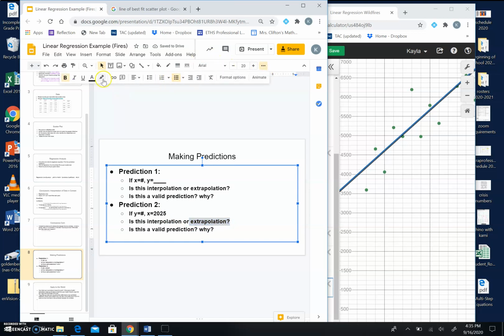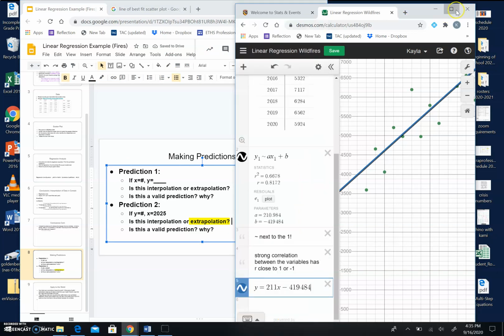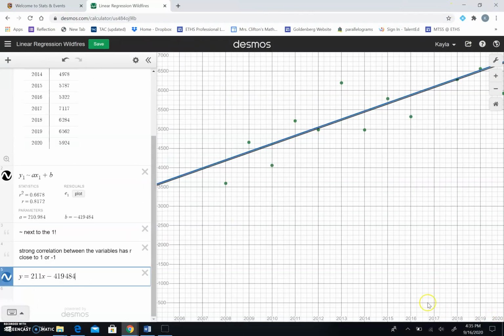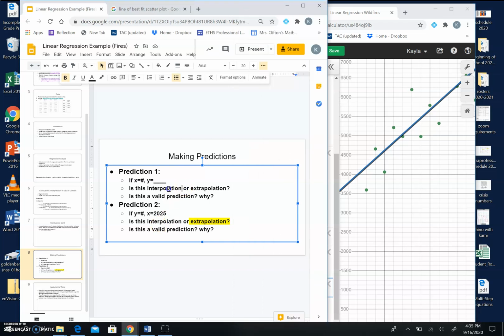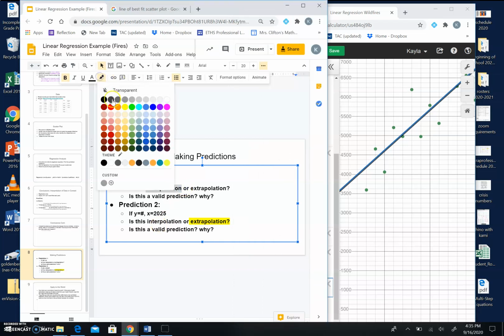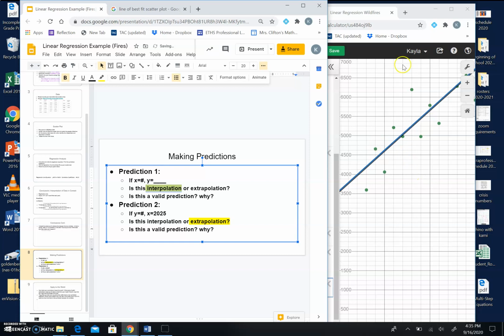And an extrapolation, all that means is, think about extraterrestrial, it's outside. That means that data point, 2025, is not in the data set I currently have. I'm extending into the future. If I wanted to make an interpolation, that's inside of my data, I would have to pick a value that's somewhere in here.